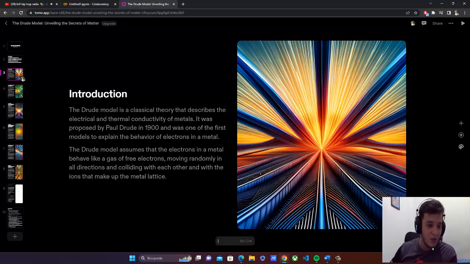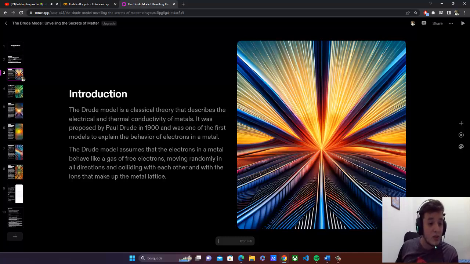Drude drew inspiration from the kinetic theory of gases and proposed that electrons in a metal behaved similarly to a gas of charged particles in a sea of positive ions. This classical approach allowed Drude to provide a reasonable explanation for some of the observed properties in metals.